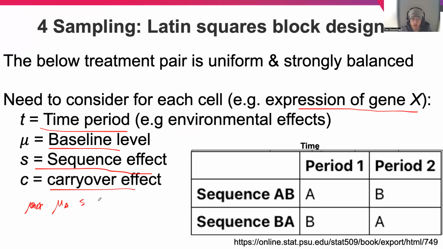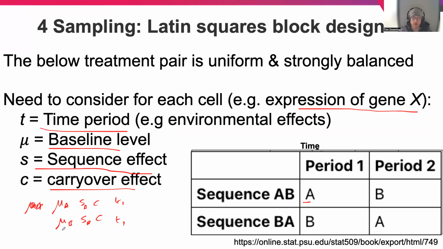We've got a carryover effect, which is 0 for this A at least, because there's none. And then there's the time period, so it's time period 1. So those are the variables in the first one. And then for B, it starts at mu for B. The sequence effect this time for B and A. The carryover effect is going to be 0. And again, we're looking at time period 1.